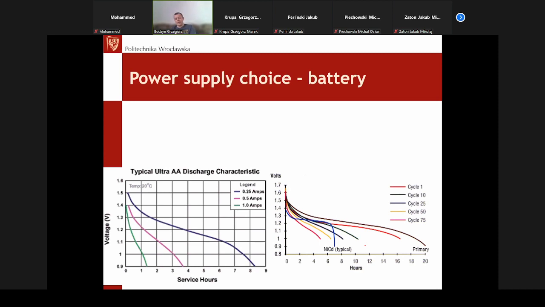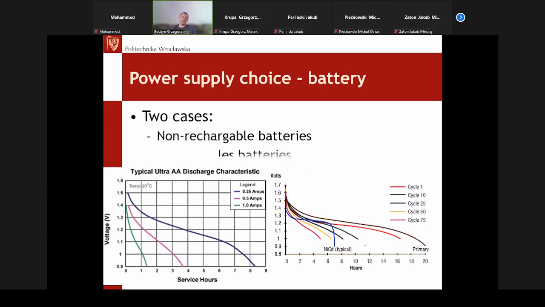Of course, today switching regulators are just one part of the problem, because very often we like our embedded systems to be battery operated. With battery operation, we've got two cases naturally in standard embedded systems: we can use non-rechargeables and rechargeables in our applications.